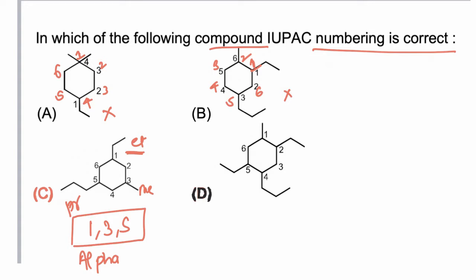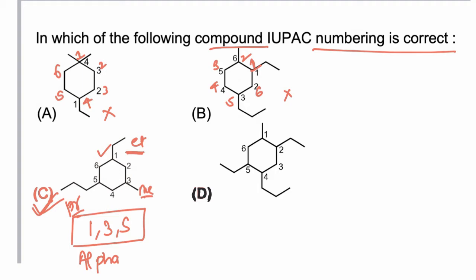So the first carbon should be given to that carbon from which ethyl is attached. Now there is a choice, the third carbon should be given to that carbon from which methyl is attached or propyl is attached, but methyl has higher priority. So numbering should be done from that end where the methyl group is nearer. So 1, 2, 3, 4, 5 and 6, option C is correct.